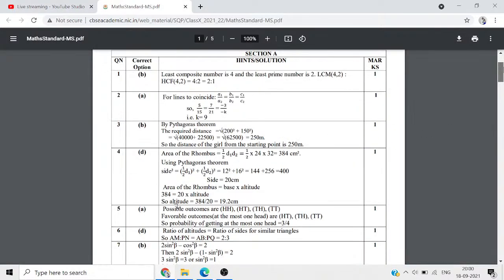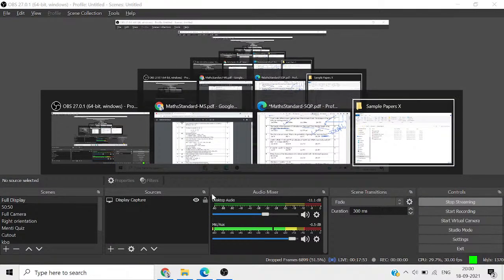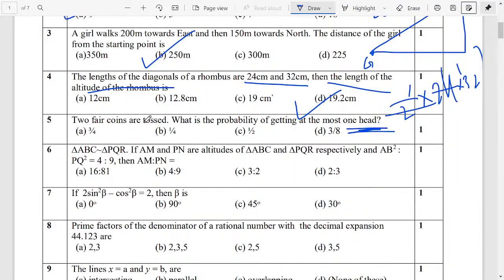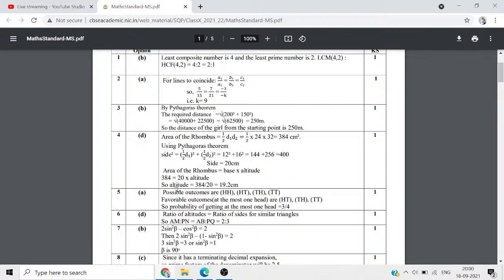Right, so how will you do? What are the possible outcomes? First, make a list of that. See here, it is given two fair coins are tossed. So what are the possible outcomes? Head head, head tail, tail head, tail tail. Now, what are the favorable outcomes in which at most we have one head? It means we want only one head or lesser than that.